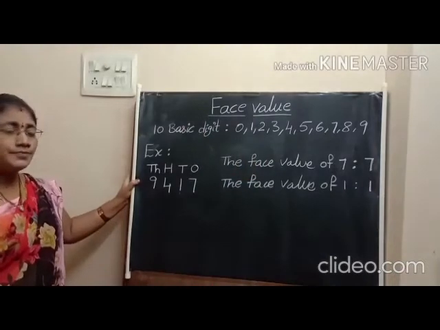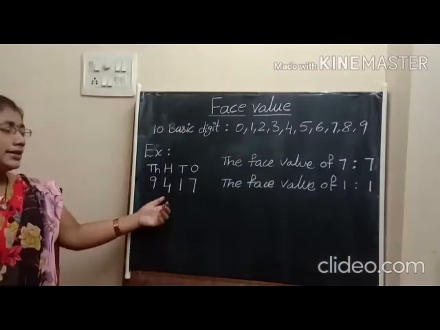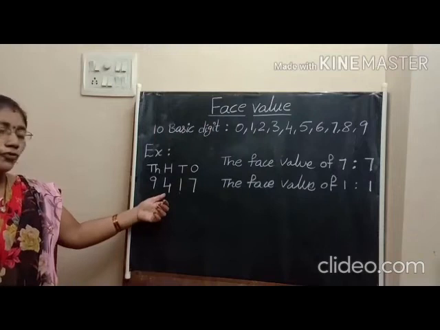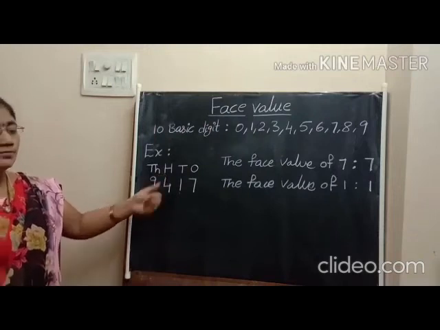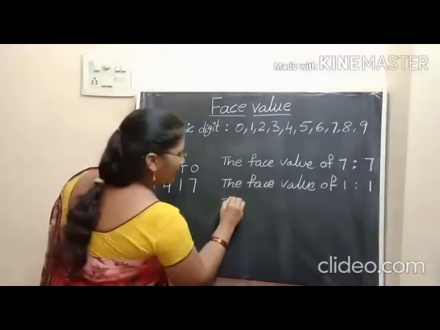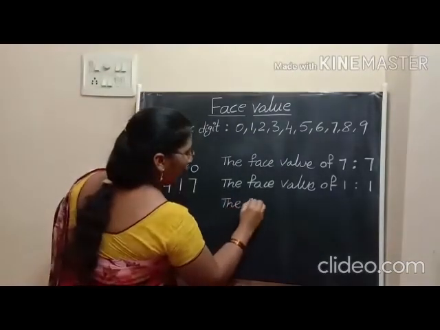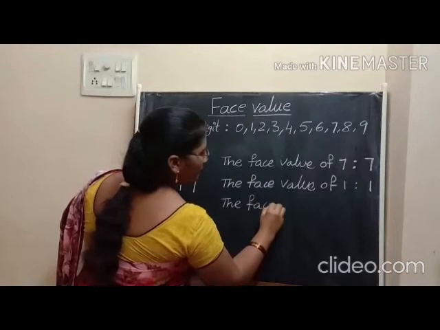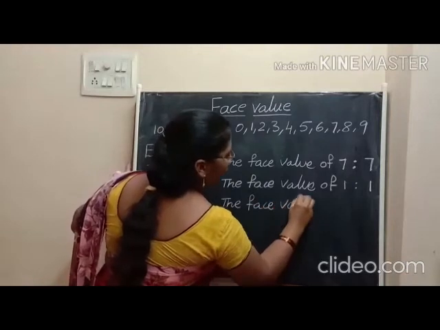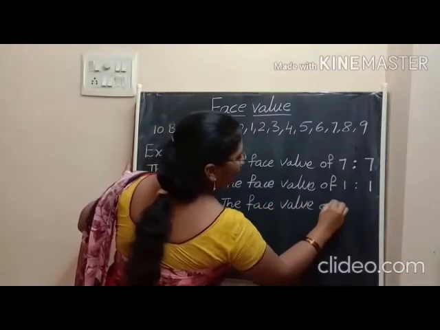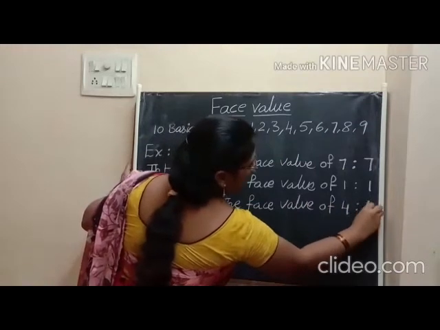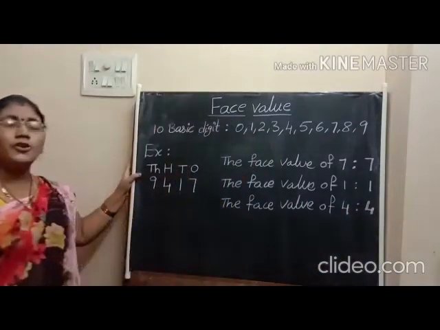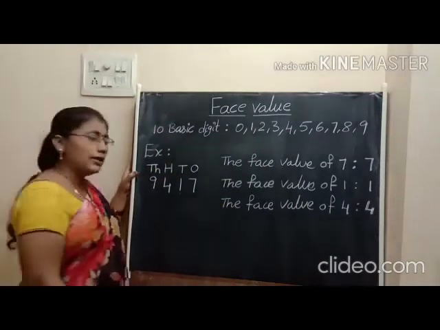Okay children? Let us take the next digit, that is 4. It is in hundreds place. Then write the face value of 4. The face value of 4 is 4 only.